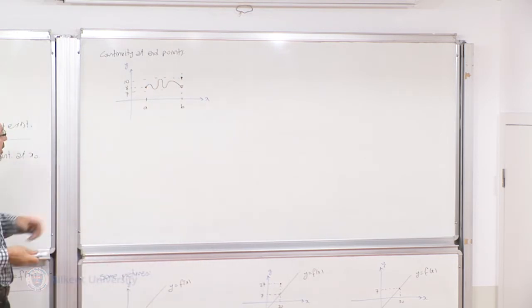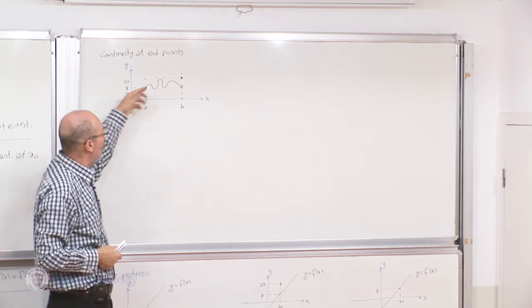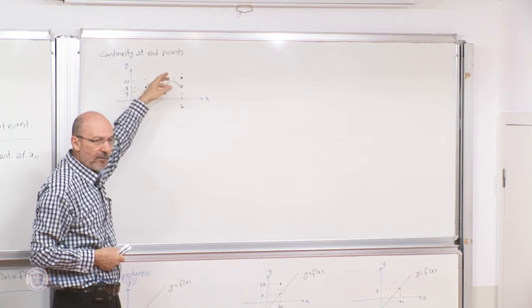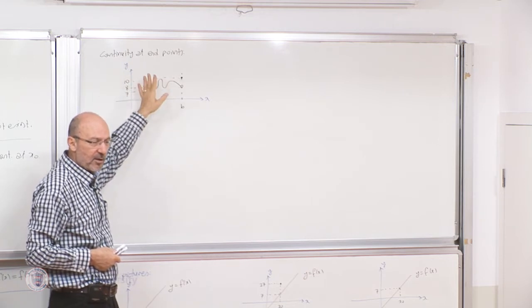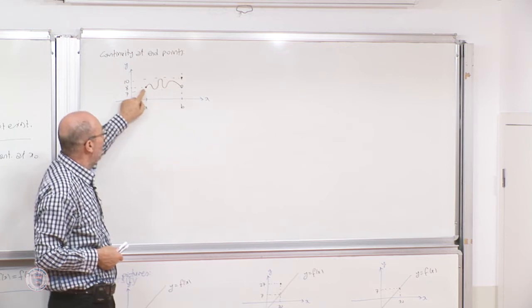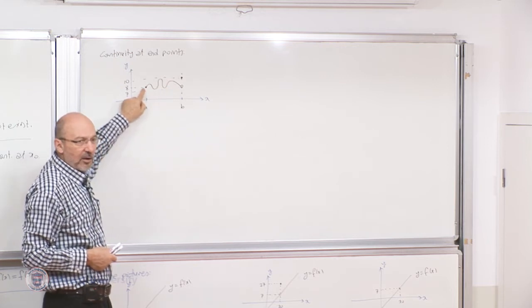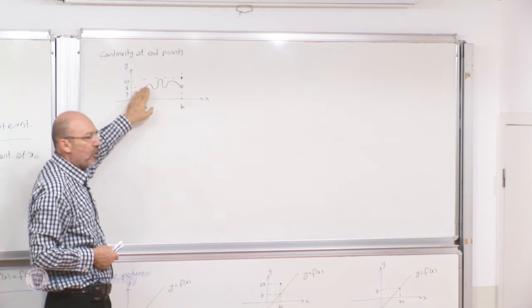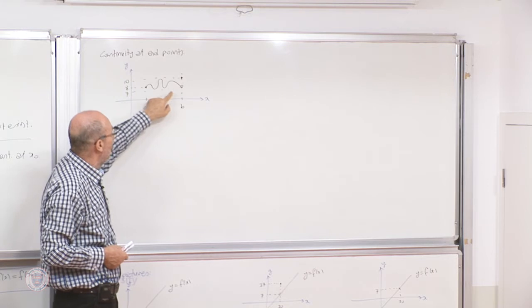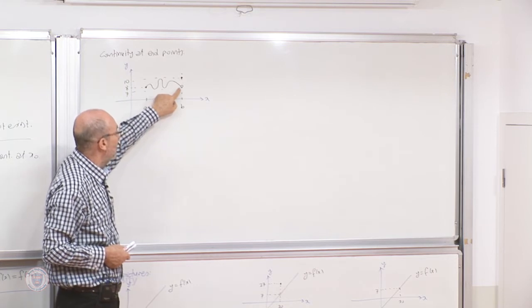Okay? So by looking at this function, according to our expectation, the function is continuous inside because the graph is smooth, the right and left limits exist, the function takes the value of its limit. At this point, okay, we all agree that the function is nice because it approaches its limit and takes the limit. So the function is nice here. But at this point, the function is not nice.